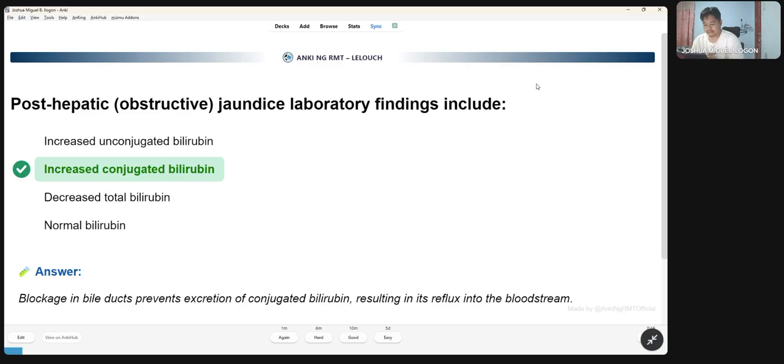It's conjugated. Urine bilirubin is present. Urobilinogen, I think I'm referring to that. It's either you have gallstones, bile duct obstruction, or tumors. So yeah, obstructive jaundice.